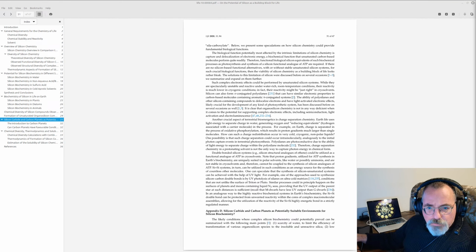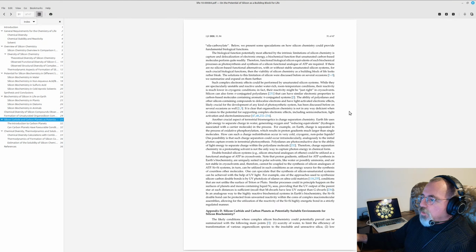And what's a G dwarf star? It's a yellow dwarf. There we go. So we're talking red dwarfs and yellow dwarfs.